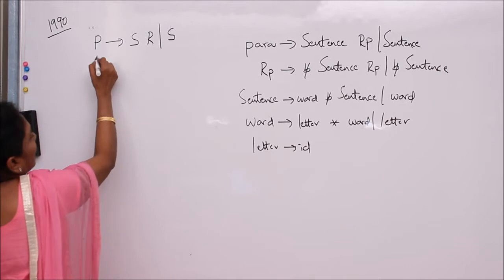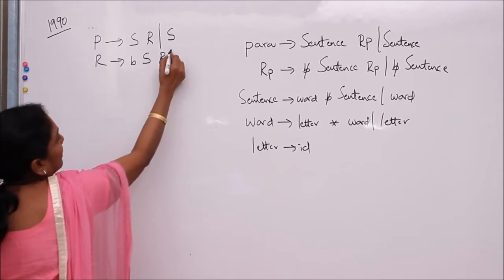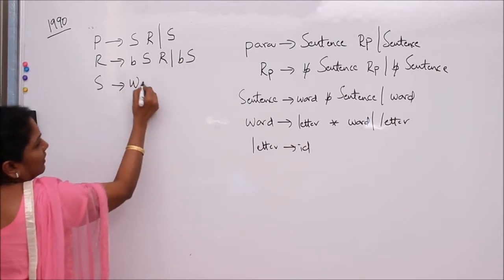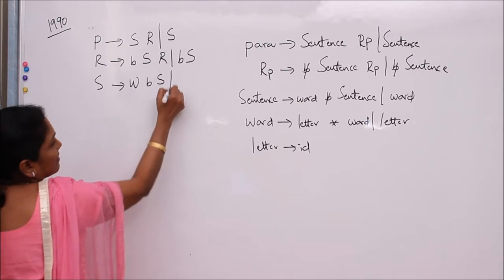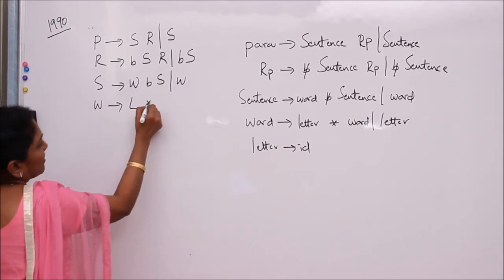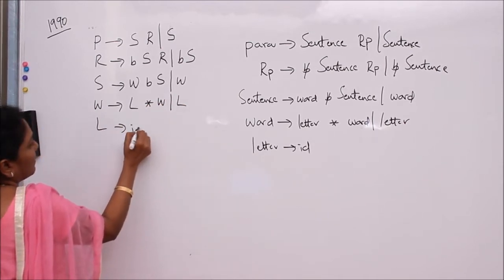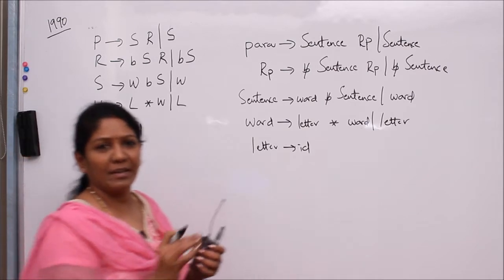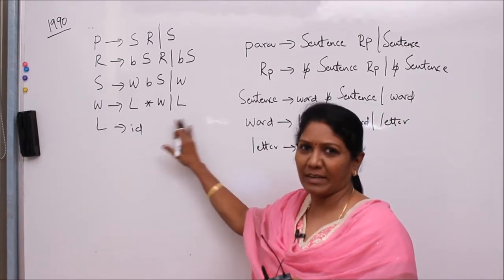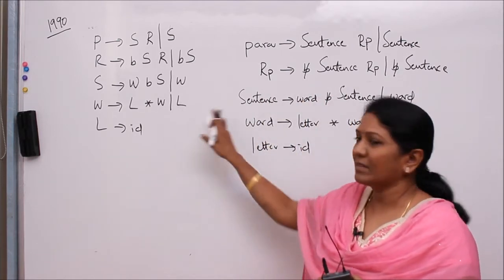P → RS, where R can be blank sentence, R blank sentence, where S can be word blank sentence, R word, where word can be letter star word or letter, where letter in simple can be ID. Just abbreviated each of those words into a single letter just for understanding purpose. Same thing is rewritten here. Okay, so let me take this grammar and let us see.